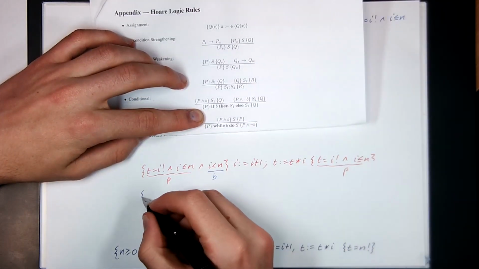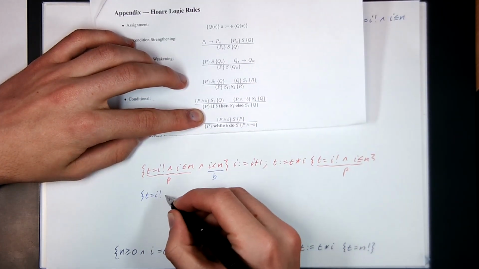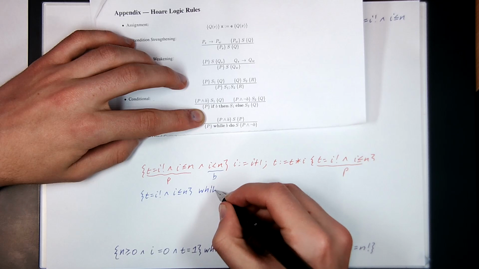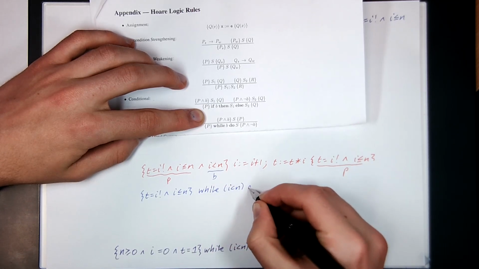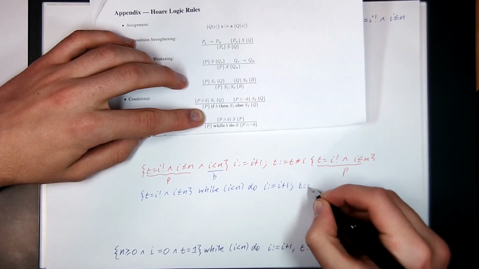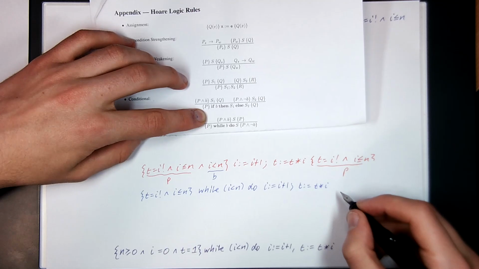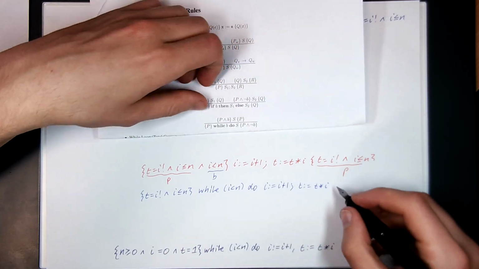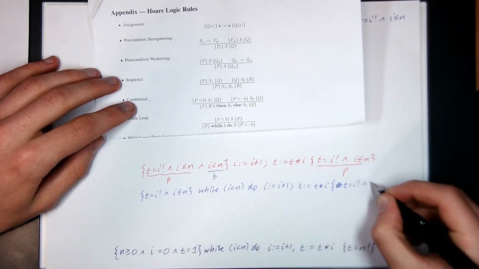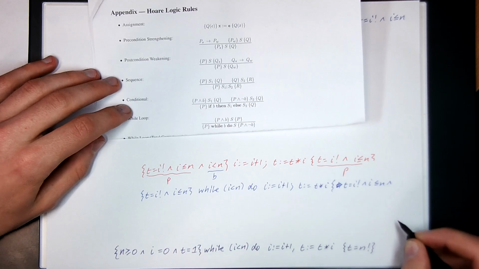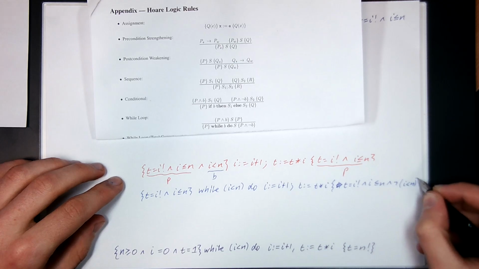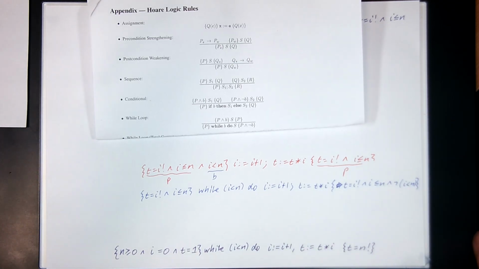So P, T equals I factorial, and I is strictly less than N. While B, so while I is less than N, do the code, I plus 1, T is assigned to be T times I. Now the postcondition is P and not B. So P, T equals I factorial, and I less than or equal to N, and not B. So just write the negation of that. Otherwise it won't fit the rule. Okay, so that's perfectly fine.